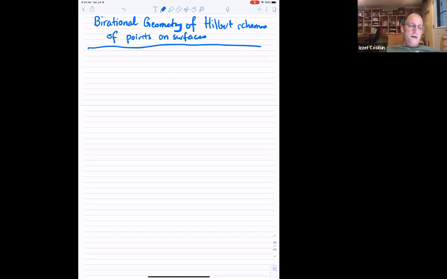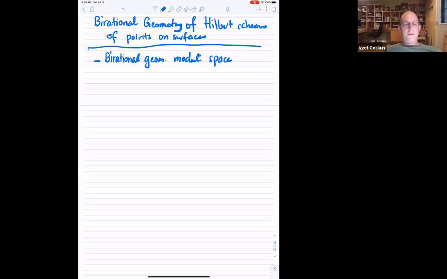Before I start, when you talk about the birational geometry of a moduli space, there are various points of view you can take to construct other birational models.